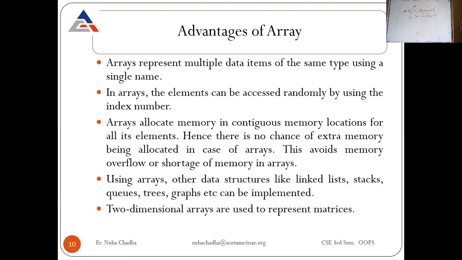If I want to display a particular location's element, I can display it. Array allocates memory in contiguous memory locations for all its elements. There is no chance of extra memory being allocated in case of an array. This avoids memory overflow or shortage of memory. Using arrays, other structures like linked lists, stacks, queues, trees, graphs can be implemented. 2D arrays are used to represent matrices.